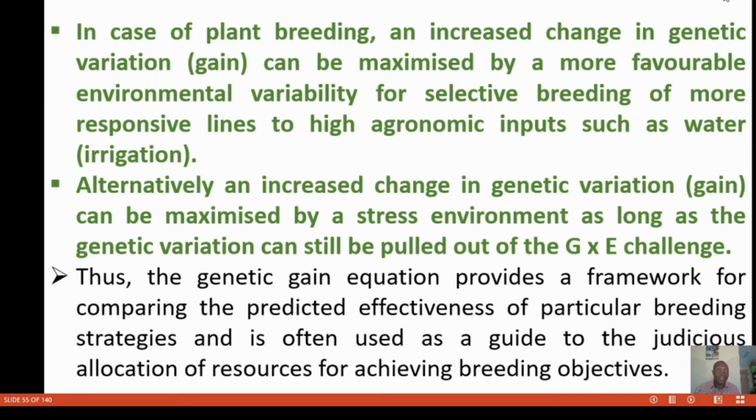And that can be maximized by, therefore, a more favorable environmental variability. You get it? Indeed, breeding for rice and wheat in the Green Revolution was made successful by maximizing more favorable environmental variability. For example, high water input irrigation, that is high fertilizer input.